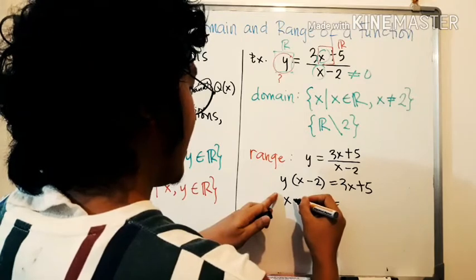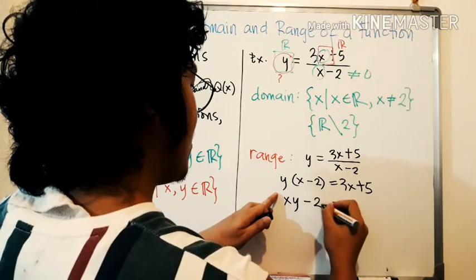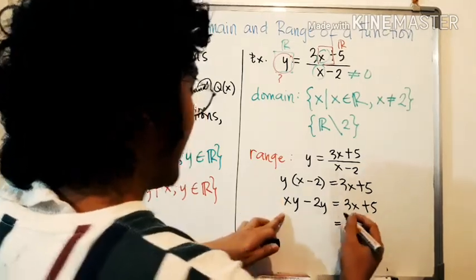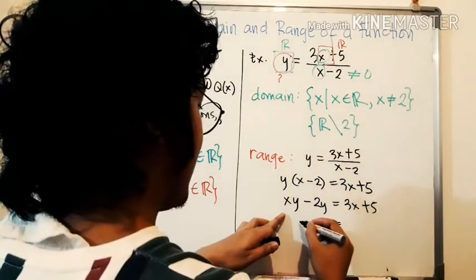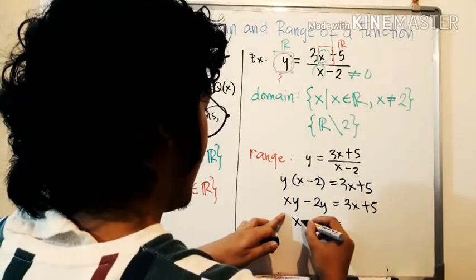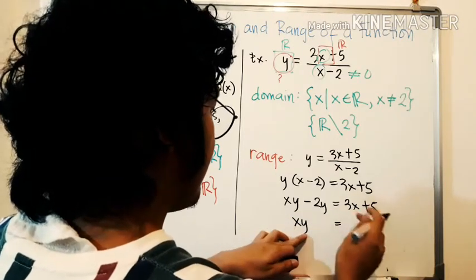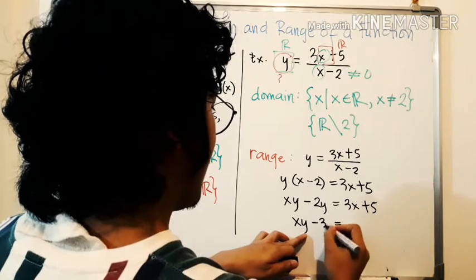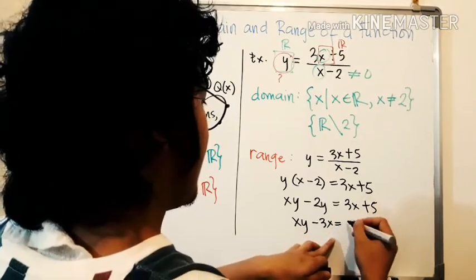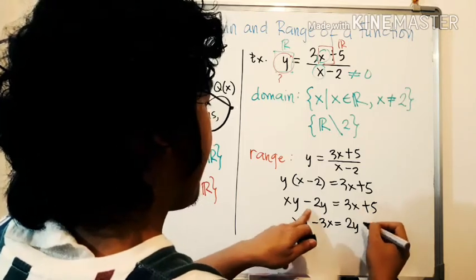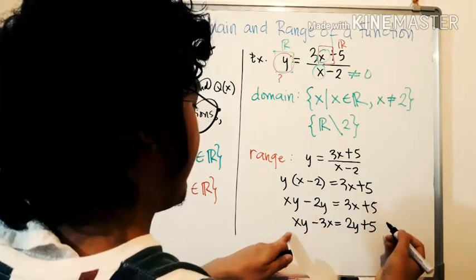Distributive property, so we have xy minus 2y equals 3x plus 5, and then okay, so we have xy, then minus 3x, equals positive 2y plus 5.